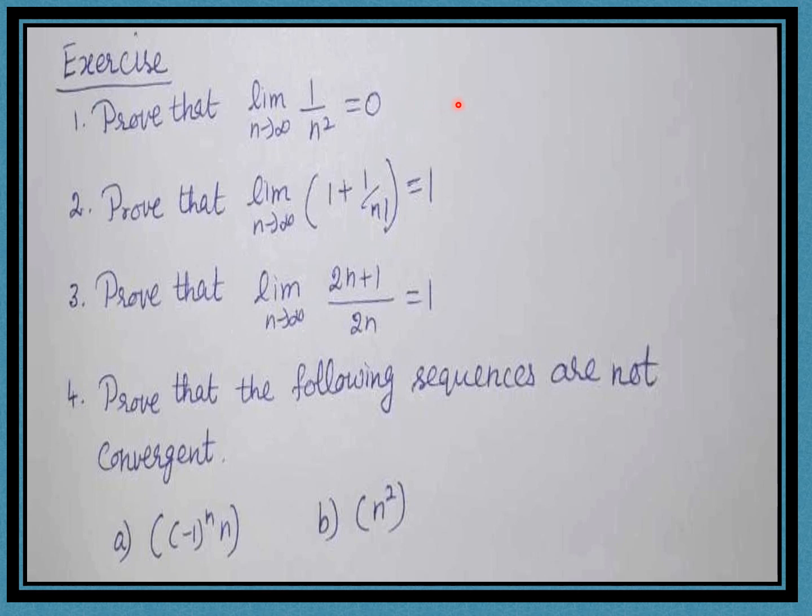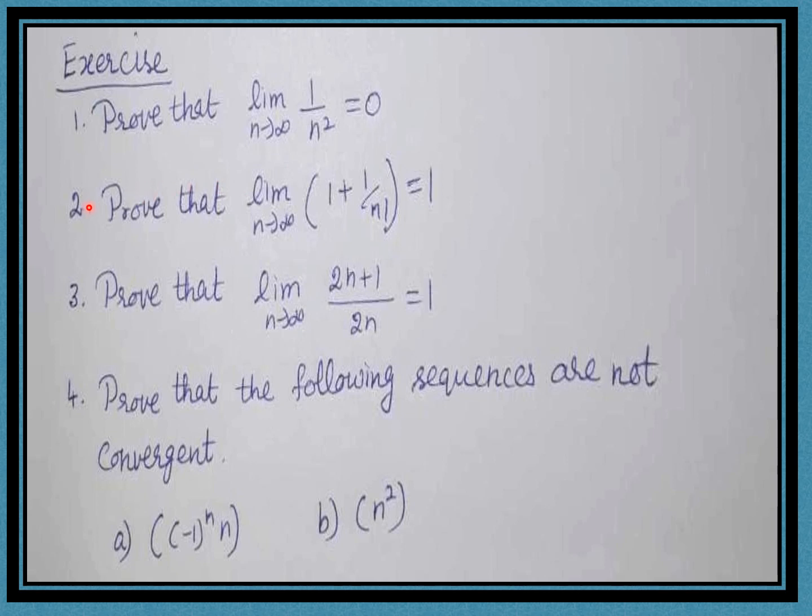We know that n^2 is greater than n. Therefore, 1/n^2 is less than 1/n. We have to show that 1/n is less than epsilon. 1/n is less than epsilon if n is greater than 1/epsilon. So, if we choose a positive integer m such that m is greater than 1/epsilon, we will get this limit.